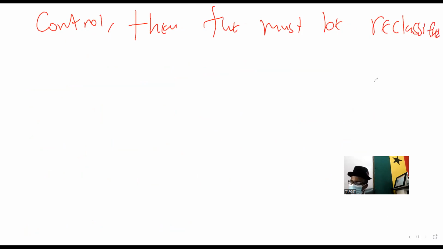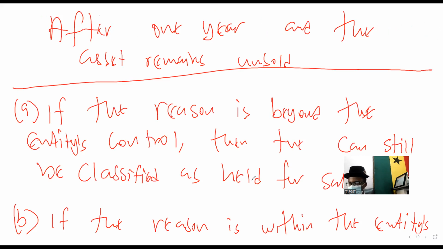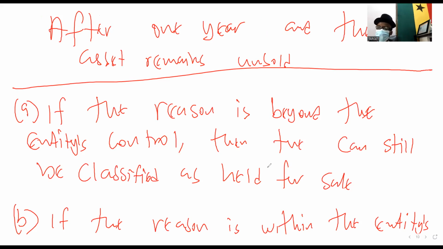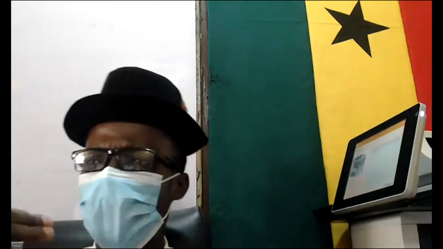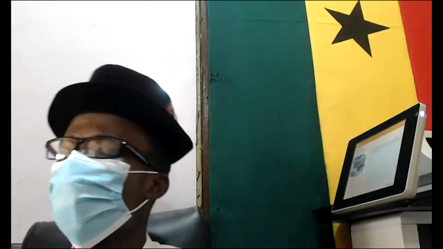Let me take my time to explain. These are the exceptions. If after 1 year you have not disposed of the asset, and the requirement before you can classify an asset as held for sale is that it should be probable that you will sell the asset within 1 year. Now, 1 year has come, you've not sold the asset. Why? If the reason goes beyond your control, a typical example: imagine Target Professional Consults had a grant.